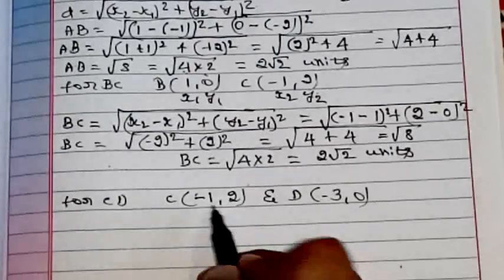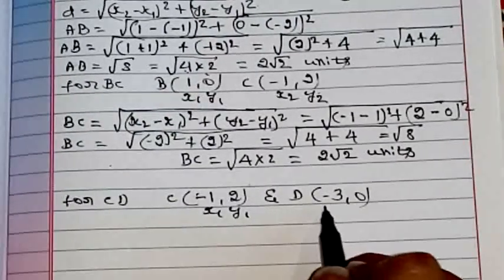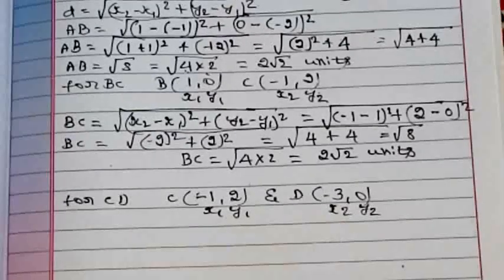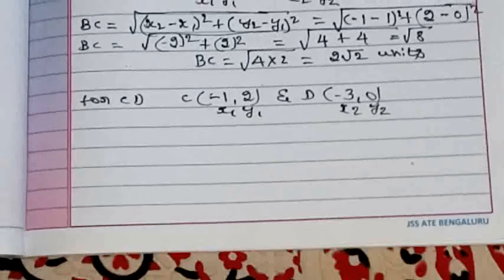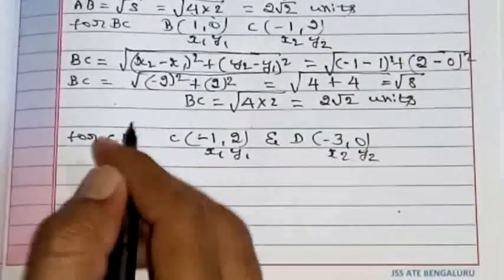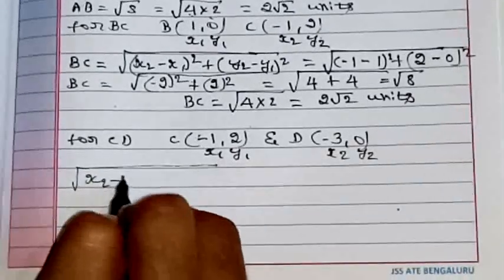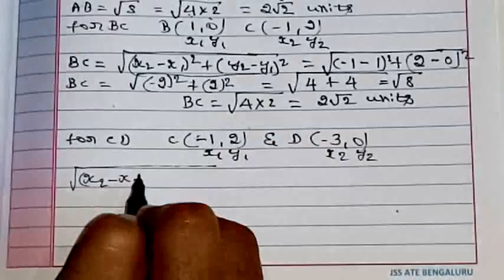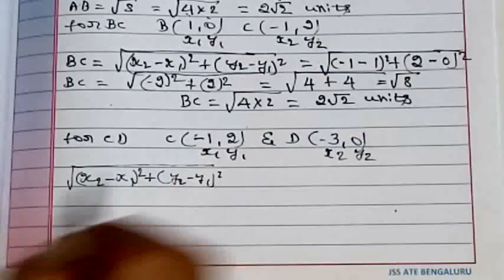Now as usual, write down this as x1 y1, this as x2 y2. Right? Now apply the distance formula, square root of x2 minus x1 whole square plus y2 minus y1 whole square.